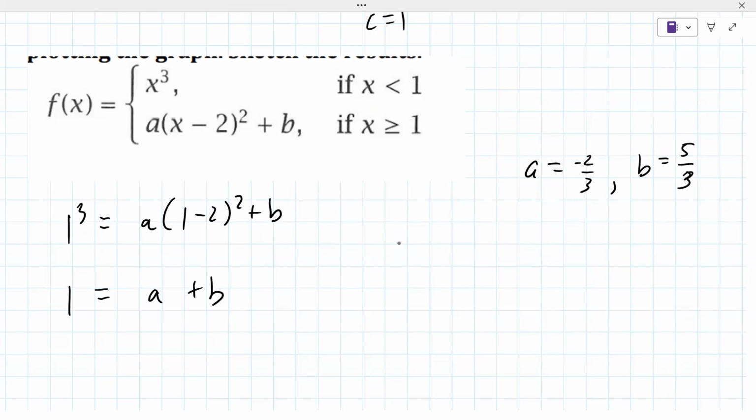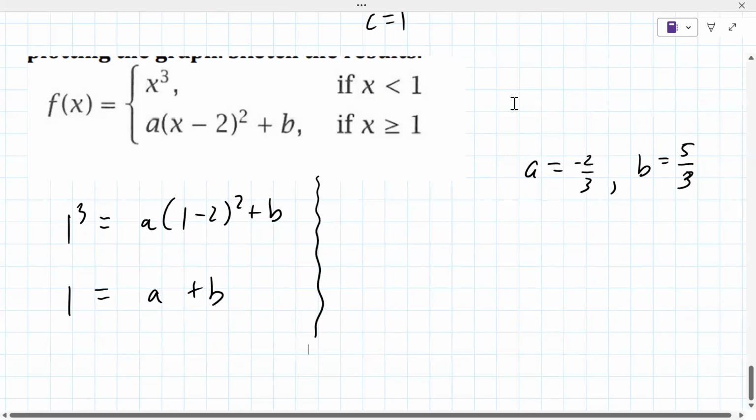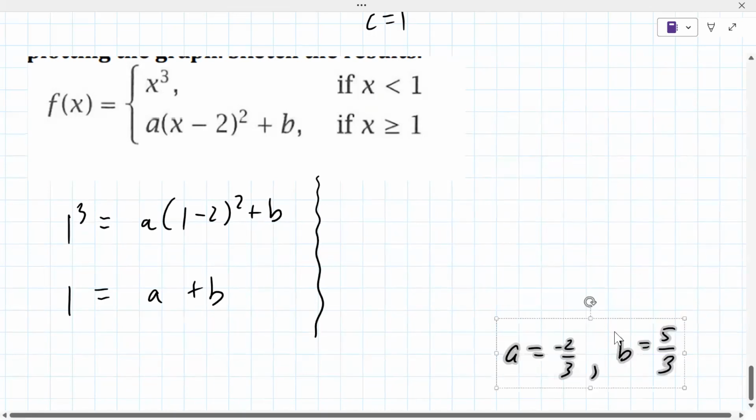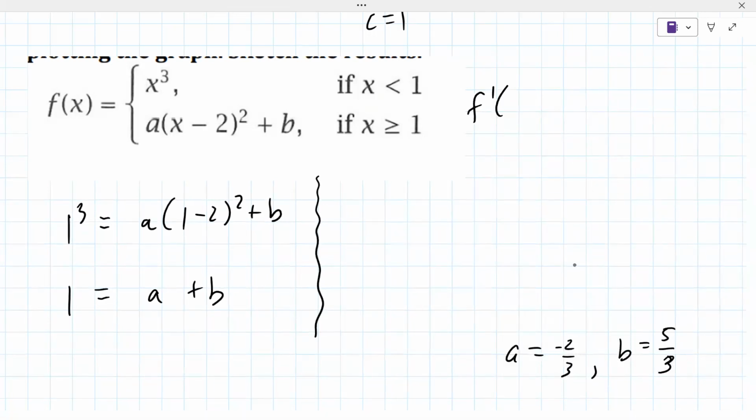Yes. All right, now for the derivative of each, I'm going to move what you wrote down a little bit. What's the derivative of the top? 3x squared. Good. The bottom one's a little more complicated. What did you get for that? 2a(x minus 2).